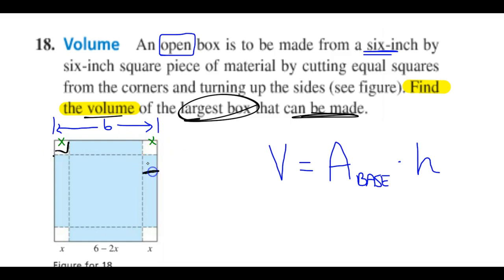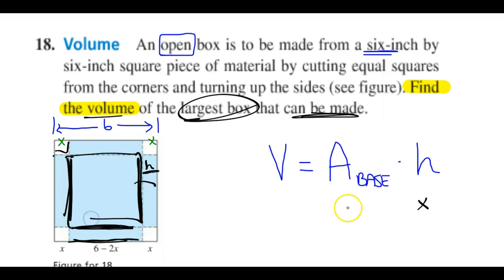So you can see that the height, if I fold this lip up, is actually x. So the height is x. And then the area of the base is, well, it's given right here. Actually, here's the base once you fold that lip up. So all four of those are bases, which is what? 6 minus 2x, length and width probably.